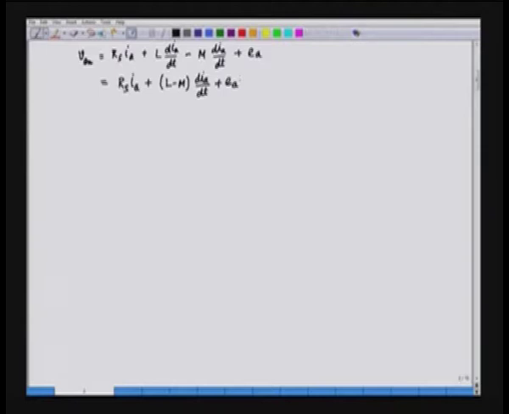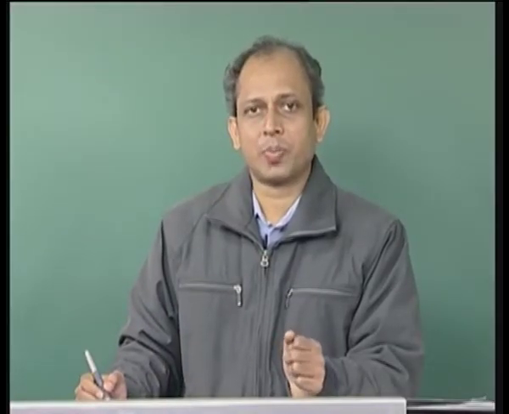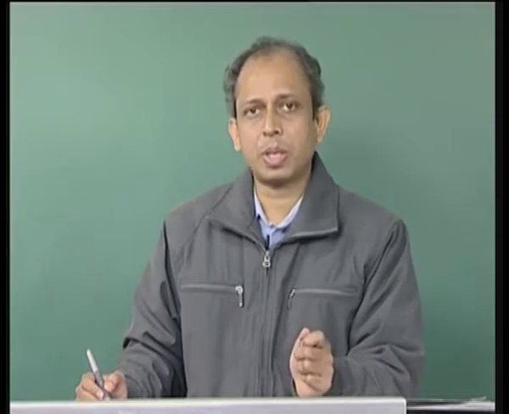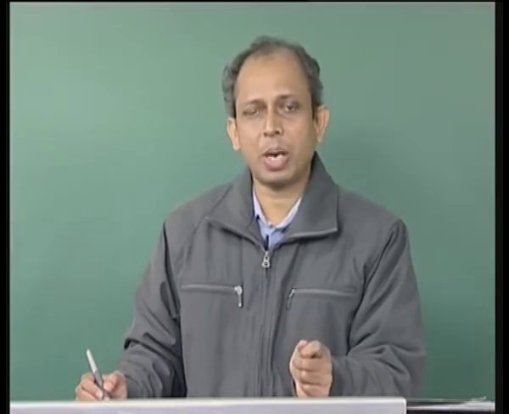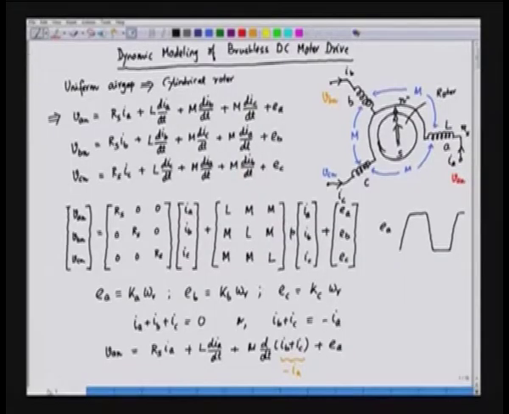Now, this equation is much more simplified than the previous equation for phase A. In the previous equation, we had expressions for IB and IC also, but this particular equation only involves IA. So, it is a simplified equation compared to the previous equation, where we had IA, IB and IC.